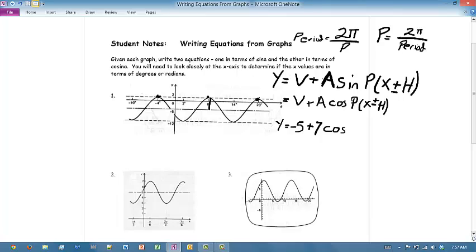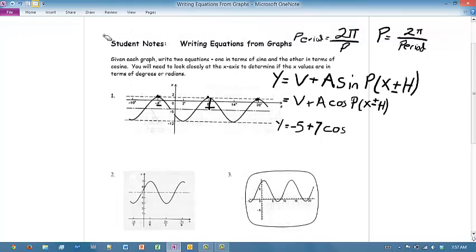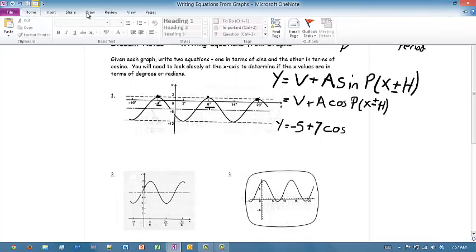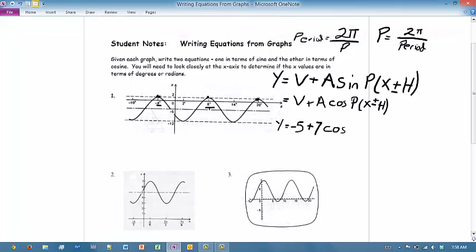So let's find out what our period is first. I see over here that I have -4 and 8. I've kind of marked that up, so let me erase that amplitude line real fast so we can actually see that. There we go. Now we can see that our period is going from -4 to 8. That's going to be 12.